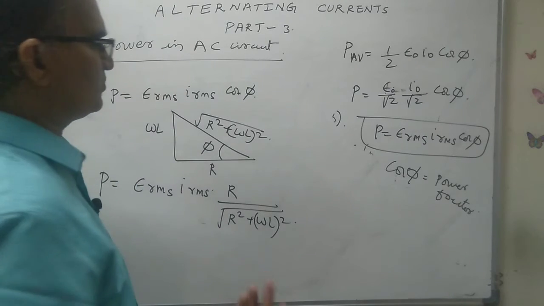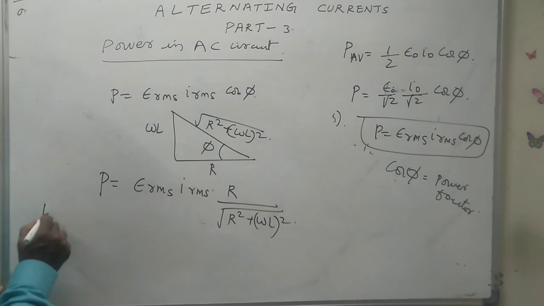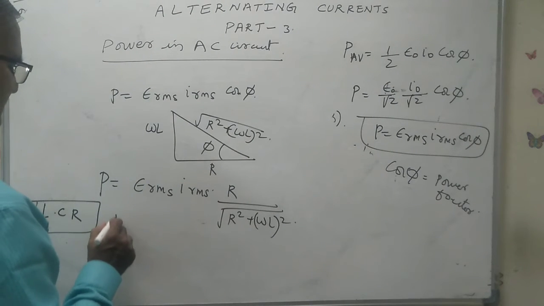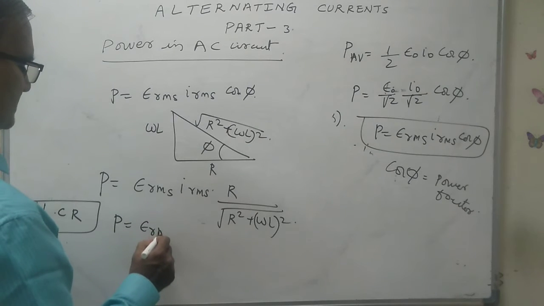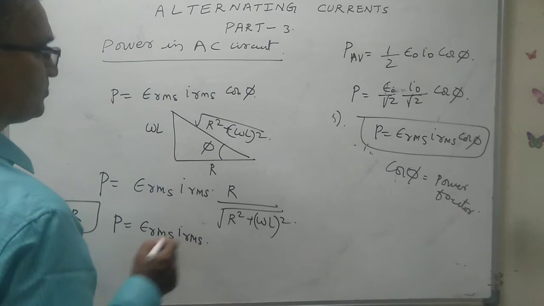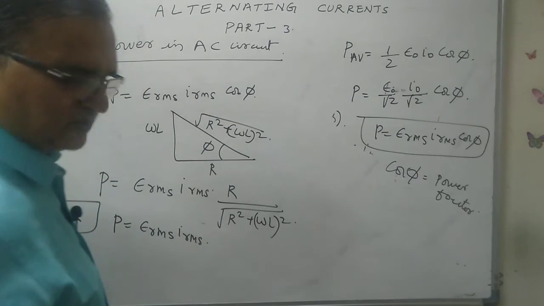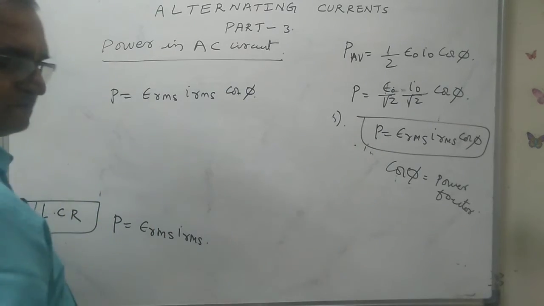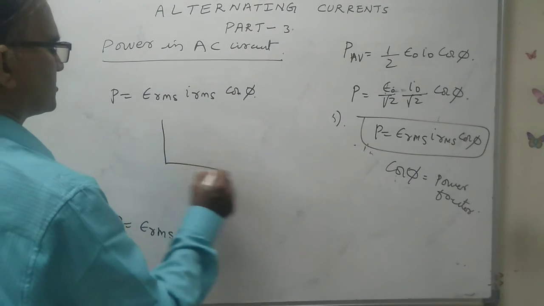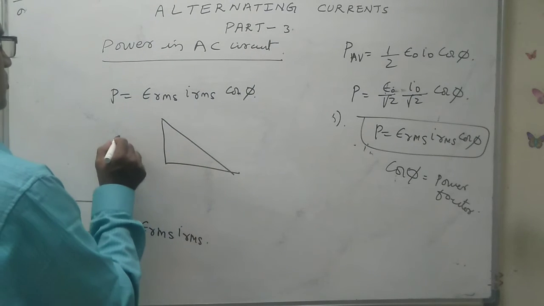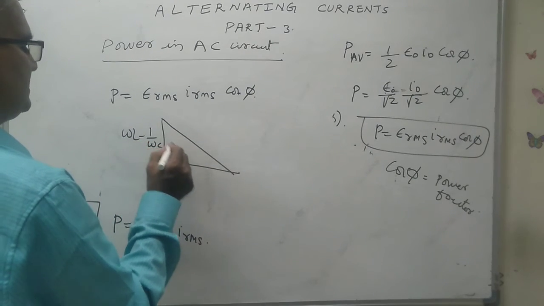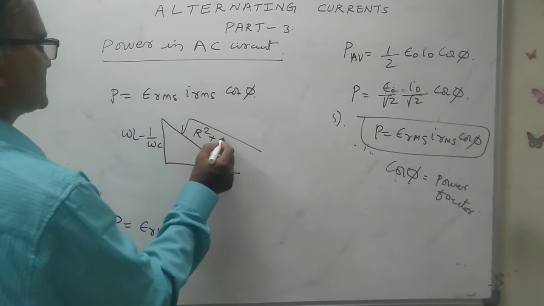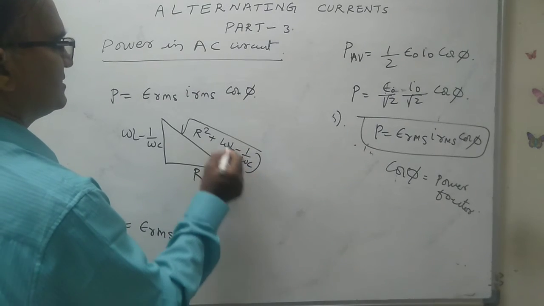Now for the LCR circuit, what is the power factor? What is the average power? Average power is equal to E RMS into I RMS into cos phi. For the LCR circuit, we have omega L minus 1 by omega C, this is R, and this is root over R square plus omega L minus 1 by omega C whole square.